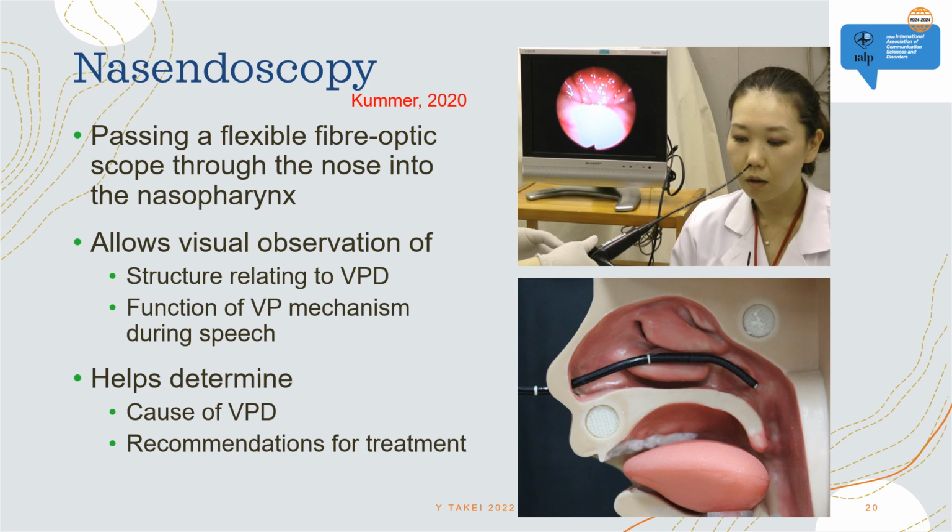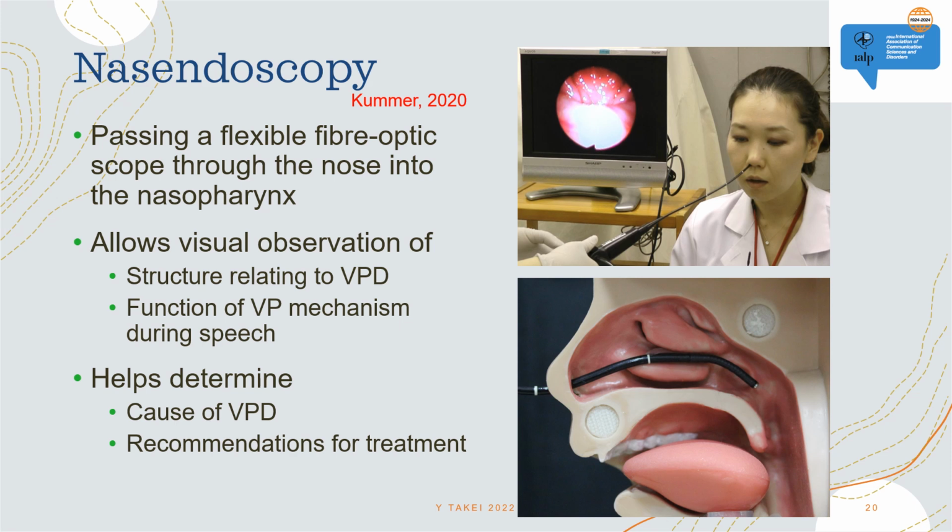Nasometry is a good way to get an objective score, so it has been used a lot in research. However, nasometry does not provide any visual clues as to what is happening at the back of the throat. But in clinical practice, this is exactly what we are interested in. One of the instrumental techniques of visualizing VP closure is nasoendoscopy.